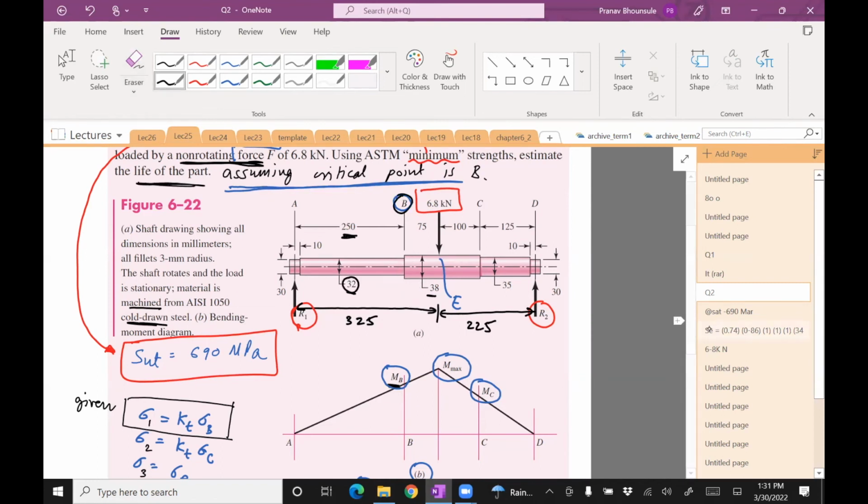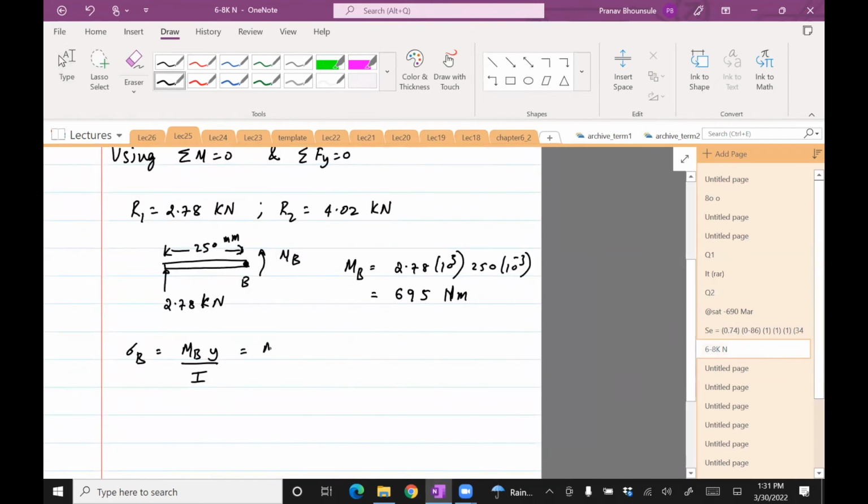So we'll use the smaller diameter. What I'll do here is I'll first put in the value for y, which is the radius, which is d divided by 2. And then I is pi d raised to 4 divided by 64. So that comes out to be 32 M divided by pi d cubed. I guess it's now obvious which of the diameters is more critical. You can see that the diameter appears in the denominator. So the smaller the diameter, the bigger is the normal stress, sigma b. So between 32 and 38, I would use 32.